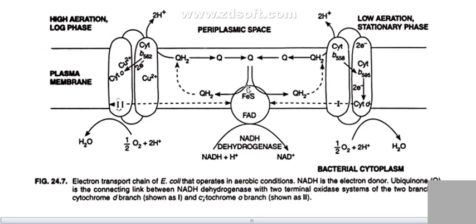Similarly, when it is transferring the 2 electrons, then in high aeration or in the log phase, it is first transferring its electrons to cytochrome B562.